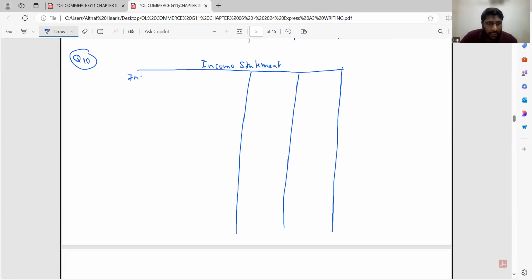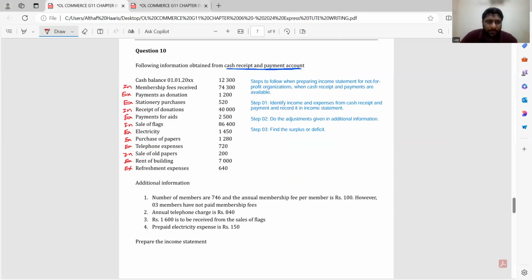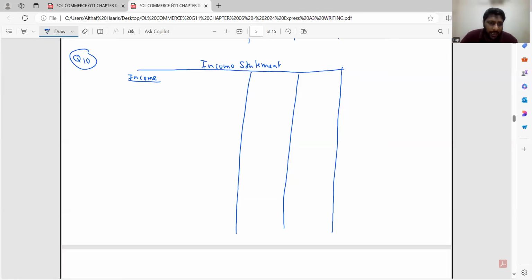First, you have to write the income. So we'll write all the income, people. Membership fee. Here write membership fee, and inside the brackets write 74,300, because we might have workings and adjustments to do.